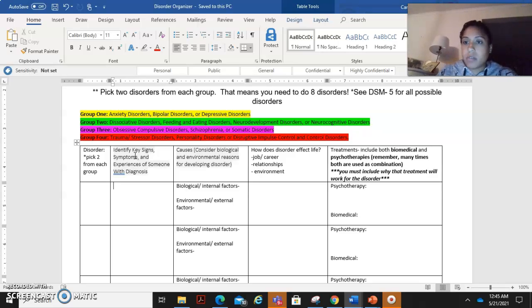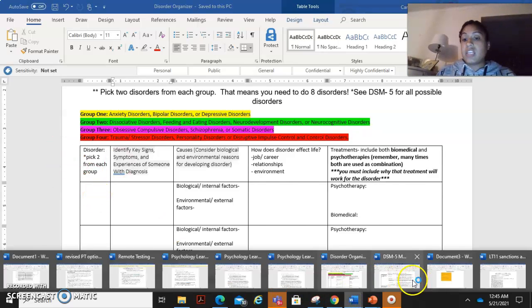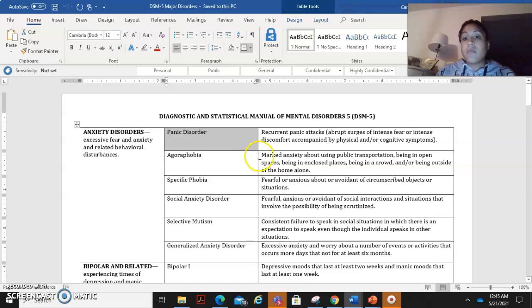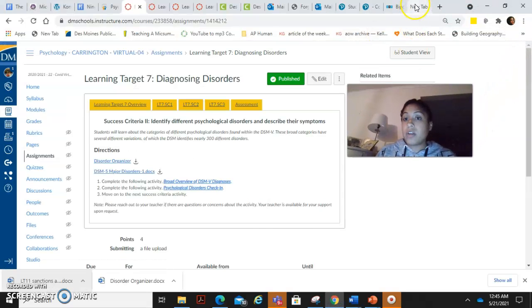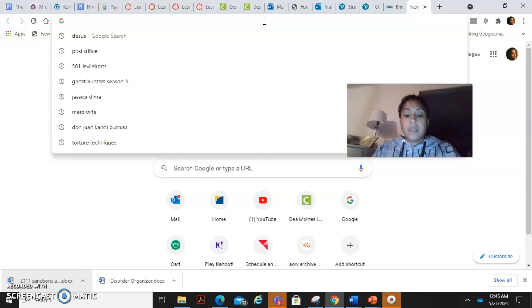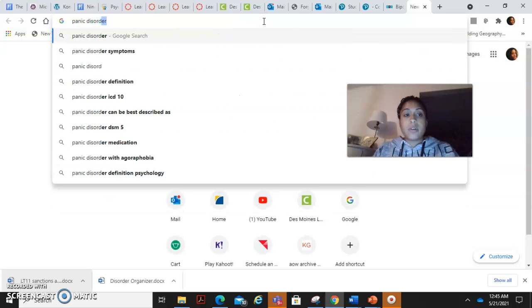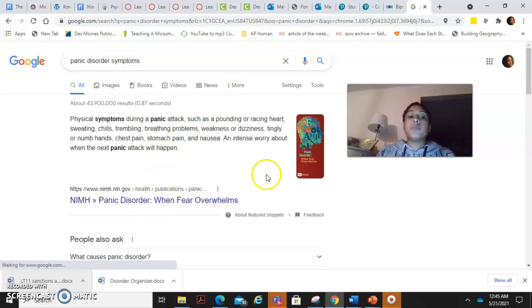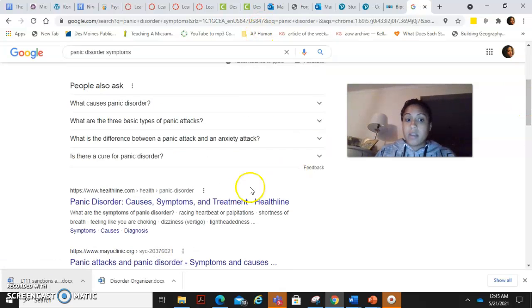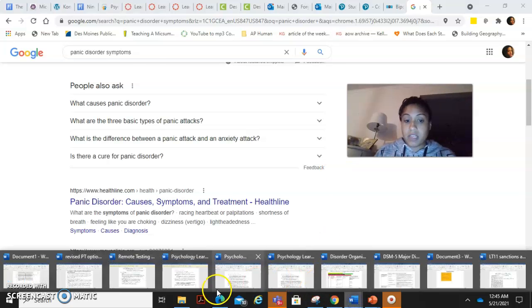I just made all of those up, but you're going to look that up. Whether you use the DSM-5, which gives you a teeny weensy bit of information on it, if I were you, I would type in panic disorder symptoms. Okay, do research. Go to 2 or 3 different websites, find the symptoms and fill it in.